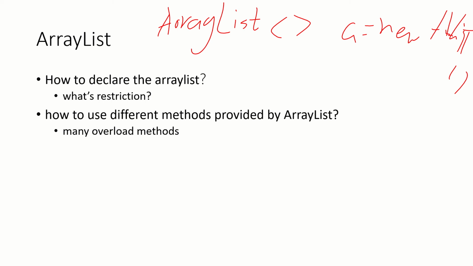Okay. What's the restriction? What's the contract for the array list? David? Okay. So here you cannot put a primitive data type there, which means only a class. Only a class can be the data type for the array list.